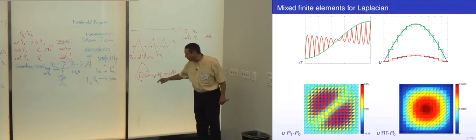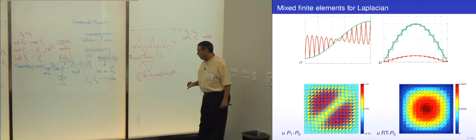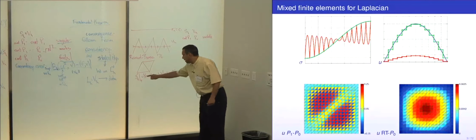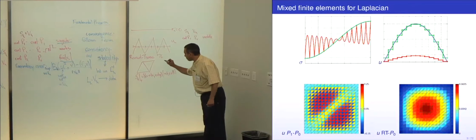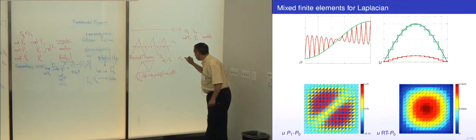And then you also have to say how they'll be attached from one triangle to another. They'll be attached by asking that if sigma_h is in S_h, the normal component of sigma on the edge of a triangle should be continuous.